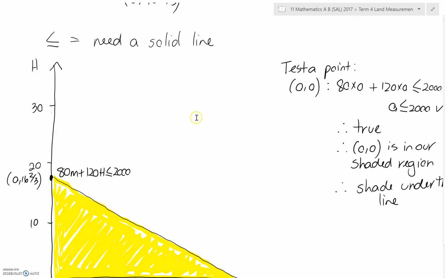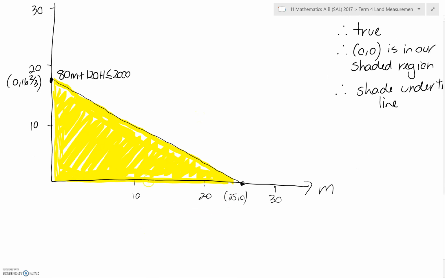So 12 on the m-axis would be approximately there. And it's a solid line because we've got that greater than or equal to as well. So it's a solid line and it's going to go straight up and be parallel to the h-axis.